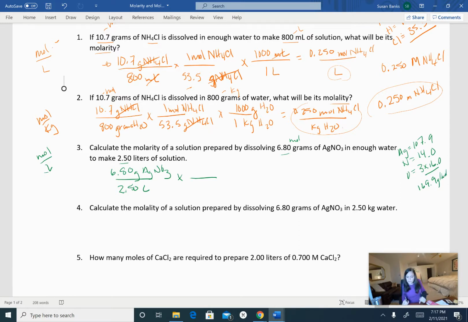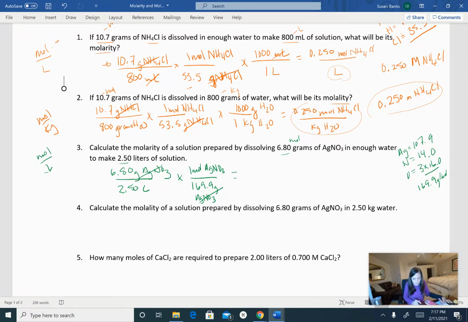Now, I want my grams to cancel, so I'm going to put my grams on the bottom. So 169.9 grams of silver nitrate are in 1 mole of silver nitrate. Okay, so my grams cancel of silver nitrate, and I'm left with moles per liter. So that's really all I have to do.